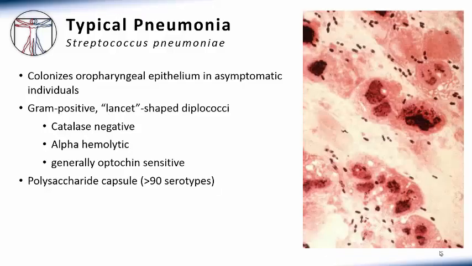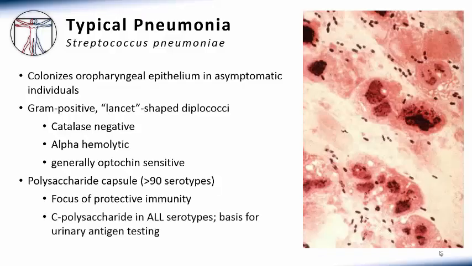One of the most important features of Streptococcus pneumoniae is its polysaccharide capsule, and this can account for more than 90 serotypes of this organism. Pathophysiologically, it is the focus of protective immunity. So when one develops immunity against a certain strain, you're protected against reinfection due to that strain based on your reaction to that particular capsule serotype.